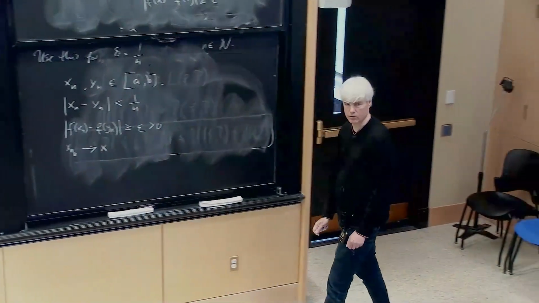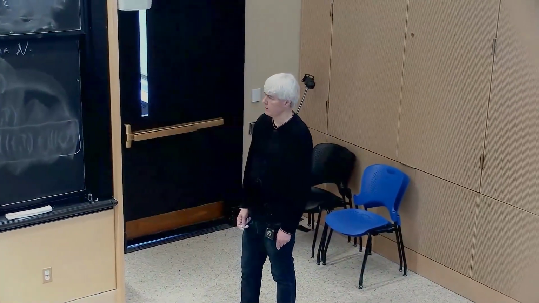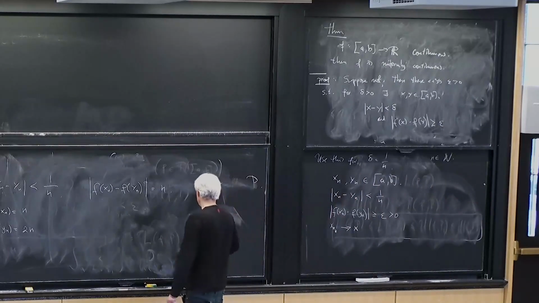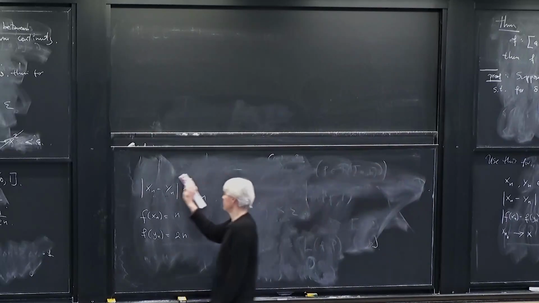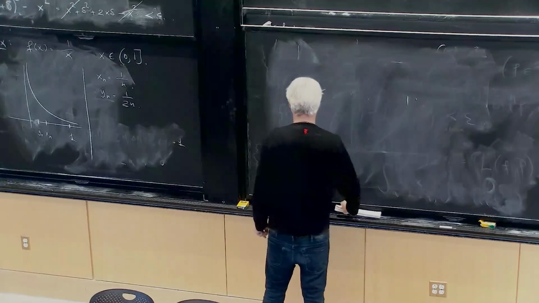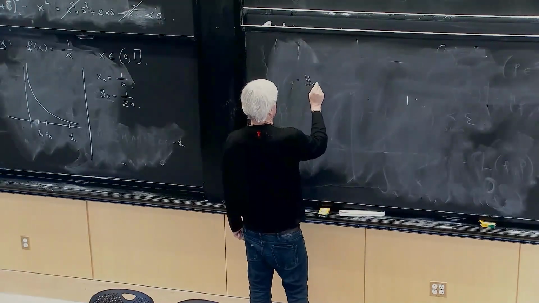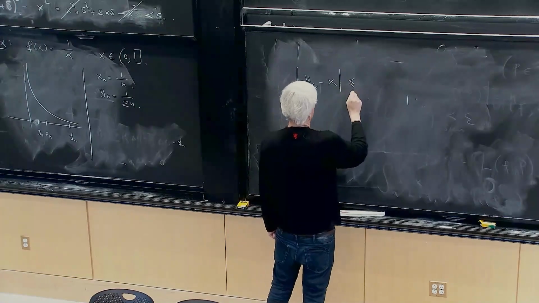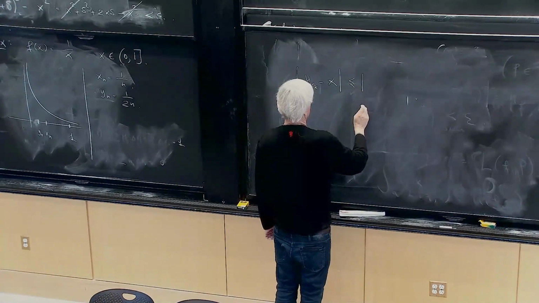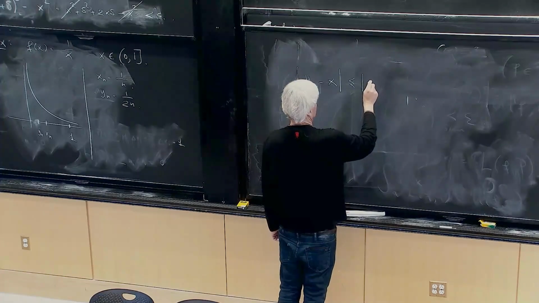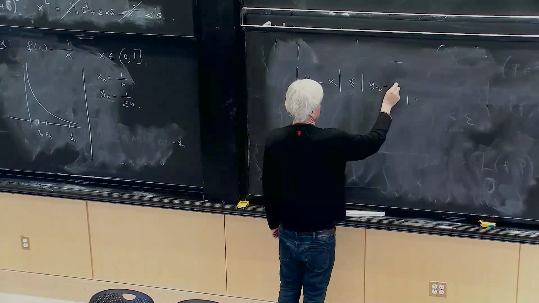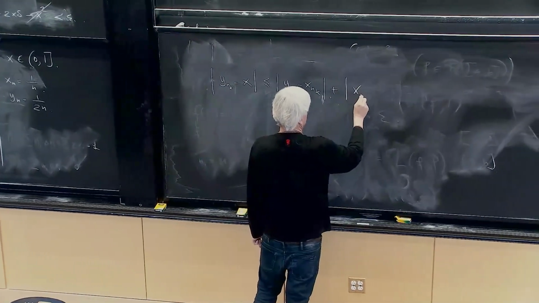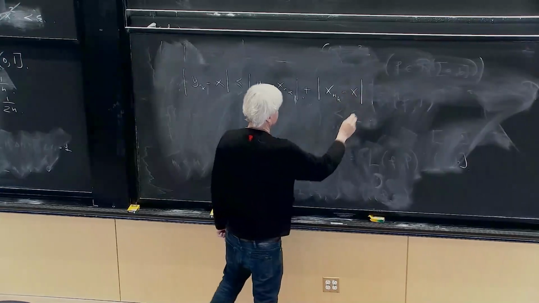Now if you look at the corresponding subsequence of the yn's, you have that |y_{n_k} minus x| is less than or equal to, by the triangle inequality, |y_{n_k} minus x_{n_k}| plus |x_{n_k} minus x|.